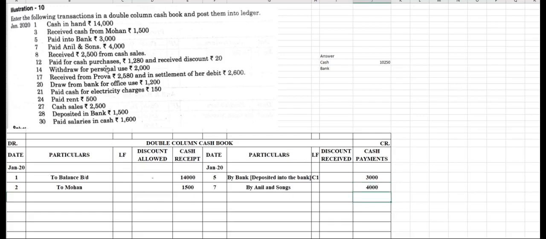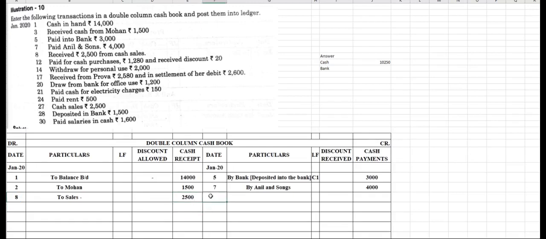Next, on 8th, received 2,500 from cash sales. On 8th, to sales. That is cash sales. Okay, cash received. How much? 2,500.